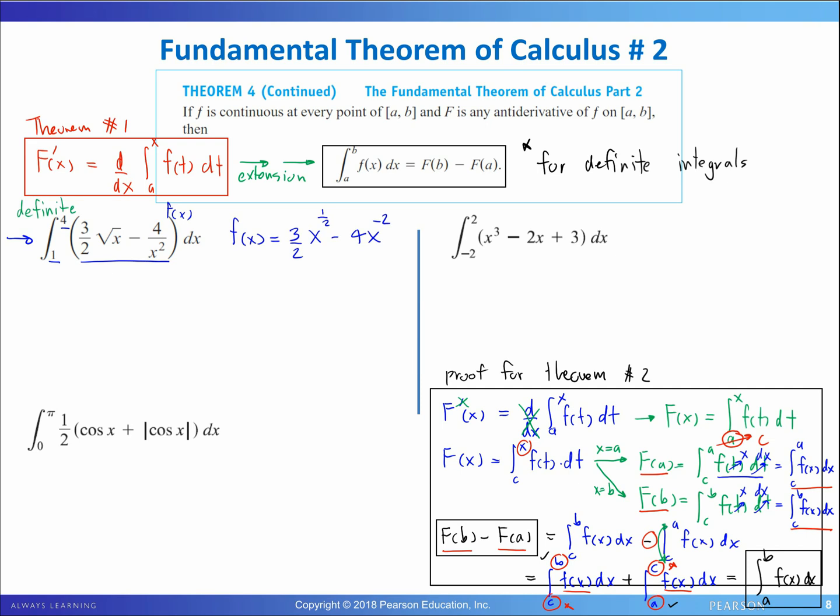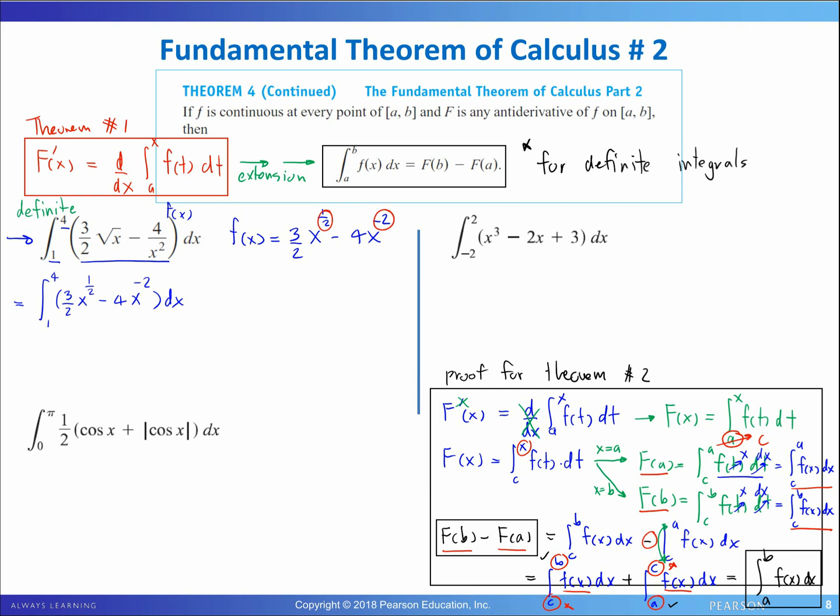When I have polynomial terms with simple powers like this, it's easier to work on. It's easier to apply the power rule. So our integral becomes this, equal to integration of 3 over 2 x to the power of 1 over 2 minus 4x to the power of minus 2 with respect to x from 1 to 4, just the same.